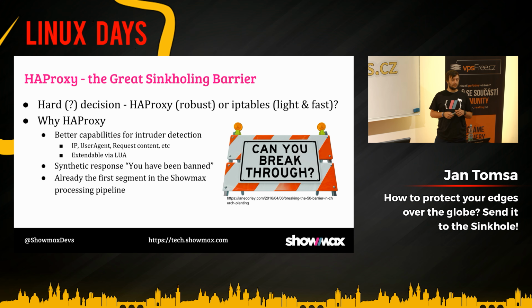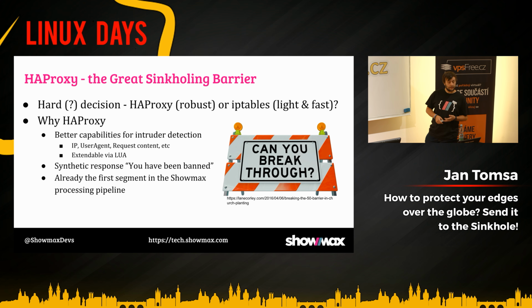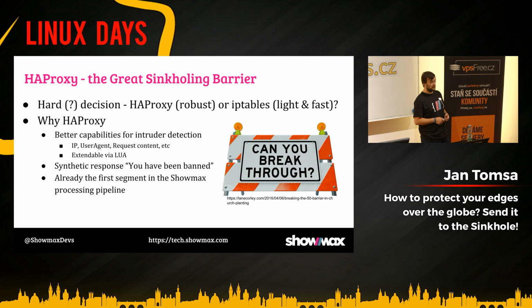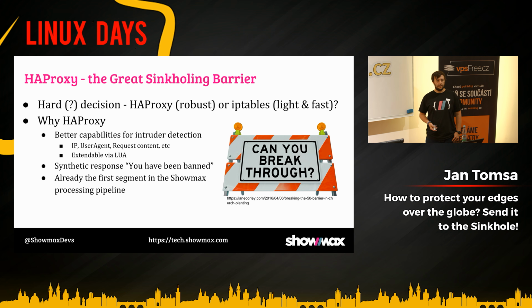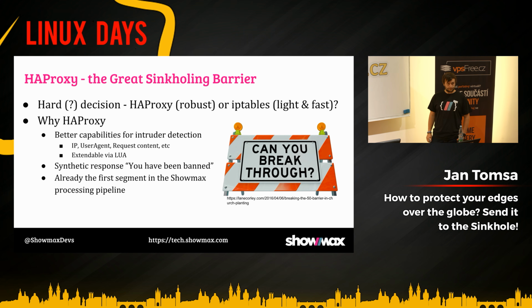So for that we have chosen HAProxy, because it has more features for intruder detection, as it can look directly into the requests. With HAProxy we are able to block not only by IP but also by user agent, request content, etc. And if there is something that HAProxy doesn't provide, we can always extend it via Lua scripts.